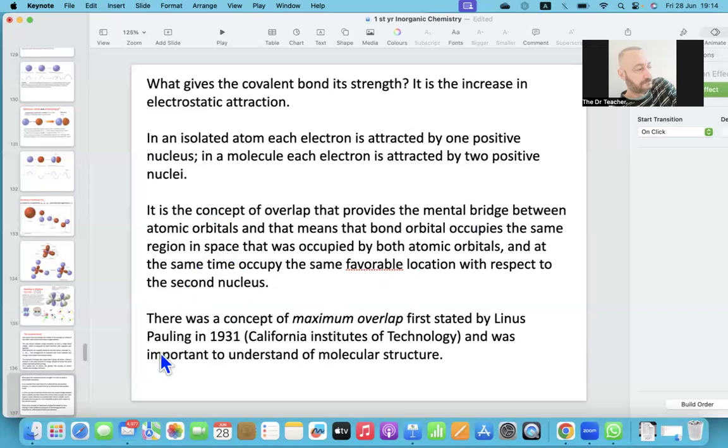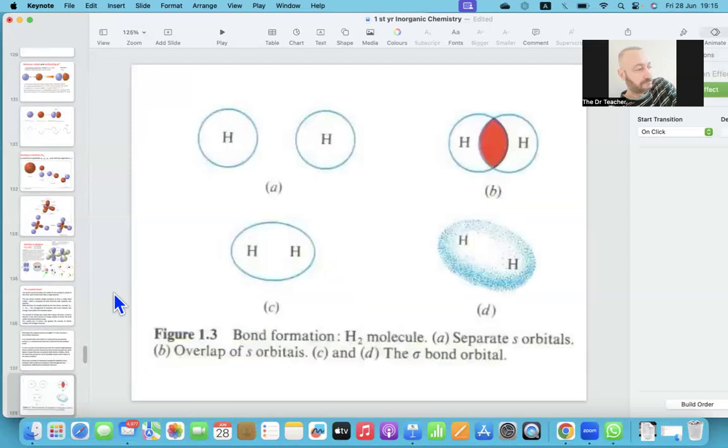Okay, so there was a concept of maximum overlap, first stated by Linus Pauling in 1931, and it was important to understand the molecular structure, the full or maximum overlap. That's what we said: s-s or s-p, the full overlap to form the sigma bond.